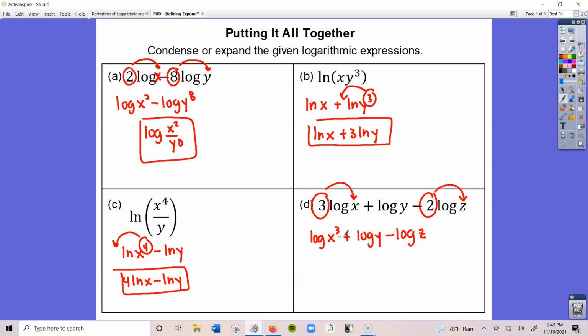What's being added is being multiplied, so log of x to the third y. And then here we have minus log z. That means that the z is divided. And this is condensed. And that's logarithms and exponential functions.